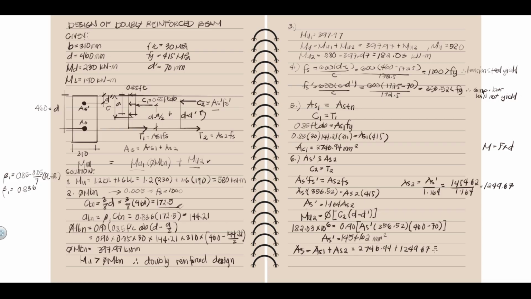We will have an answer of 4201.56. And then for AS prime, we will have an answer of 1454.62 millimeter square. Okay, so this is our answer.